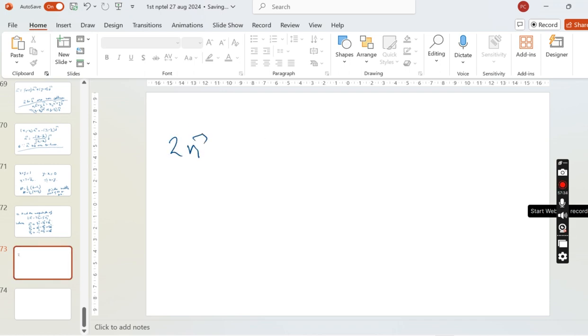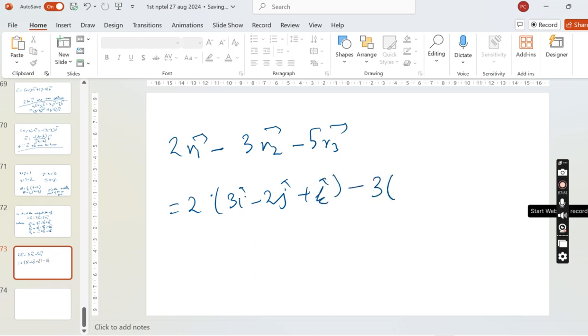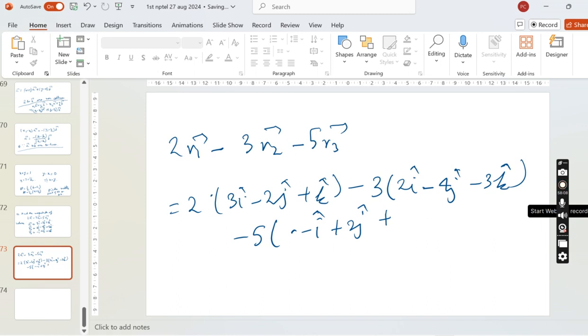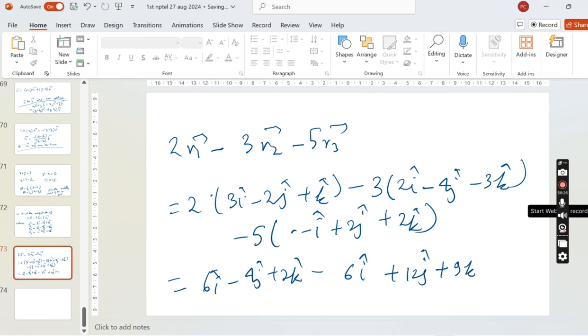So basically we need to calculate first 2r1 minus 3r2 minus 5r3. So 2 into 3i minus 2j plus k, minus 3 into 2i minus 4j minus 3k, minus 5 into minus i plus 2j plus 2k. When we calculate all those things, it will be 6i minus 4j plus 2k minus 6i plus 12j plus 9k plus 5i minus 10j minus 10k.